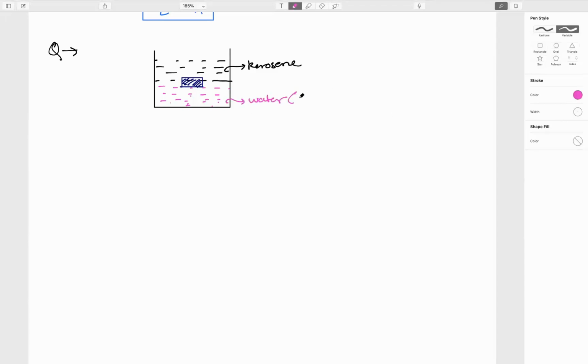Density of water is 1 gram per centimeter cube, density of kerosene is 0.8 gram per centimeter cube, and this is ice whose density is 0.9 gram per centimeter cube.